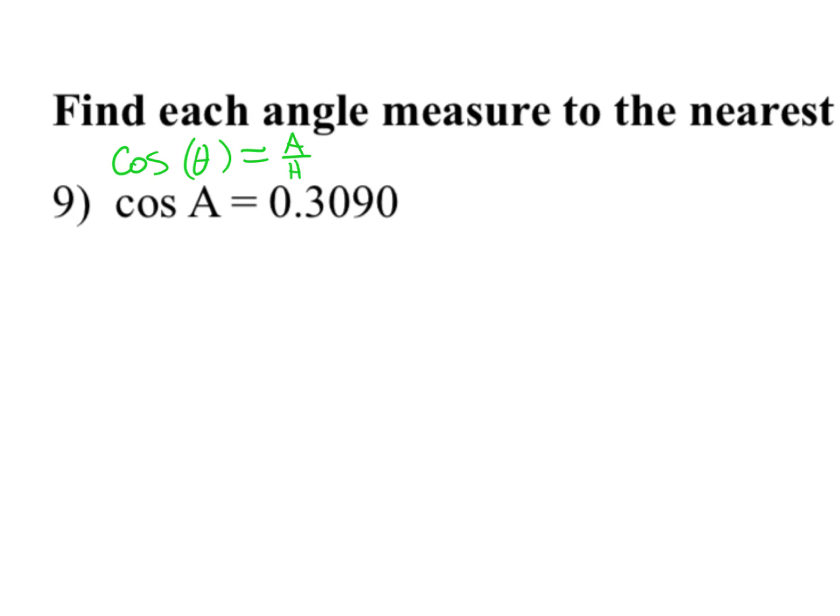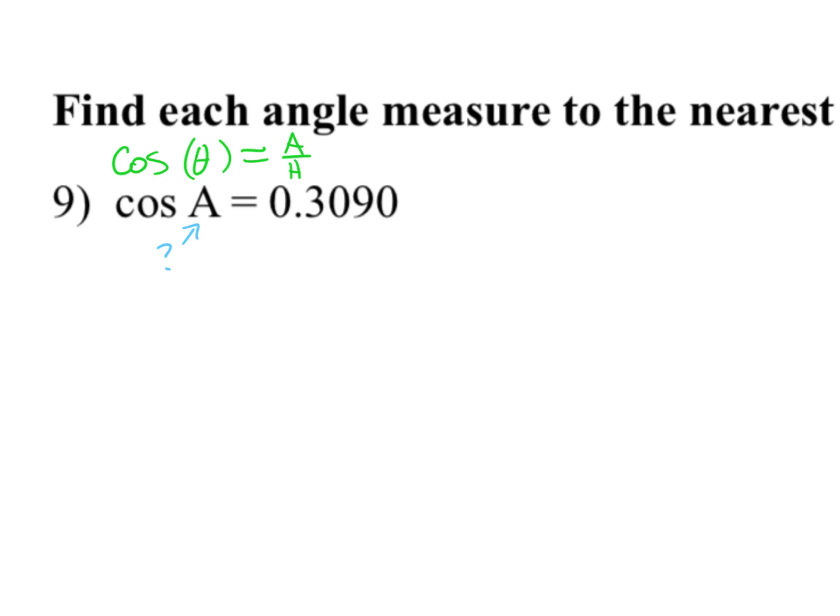So whoever did this, it's like they already plugged into that original formula. Cosine theta equals A over H. And they just plugged in A for the theta, and then 0.3090 was the ratio divided out. All right? So they said to find the angle measure. So I'm looking for A. We don't know what that is.